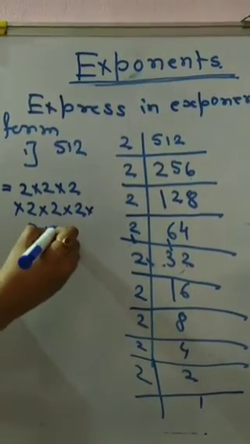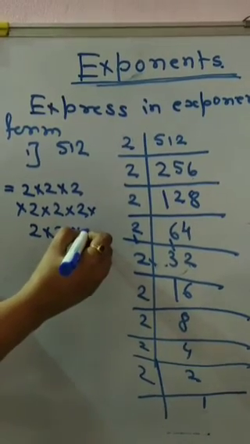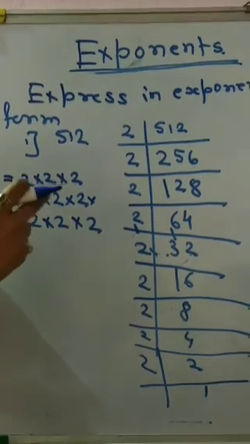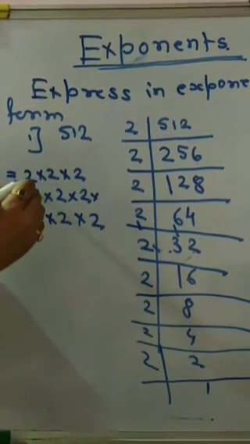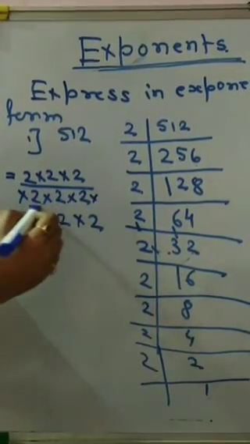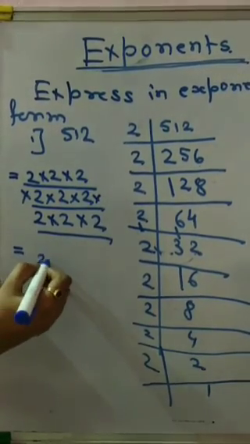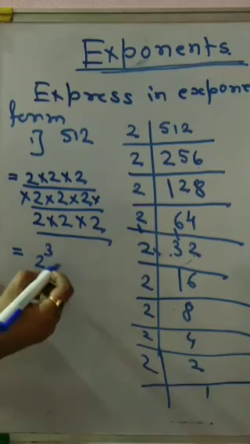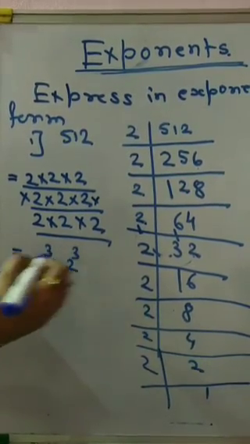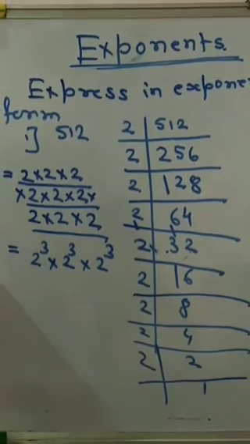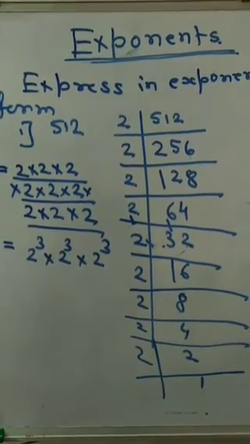Pairs of the numbers: 2 raised to 3, 3 times, 2 raised to 3 into 2 raised to 3 into 2 raised to 3. These are the exponential form.